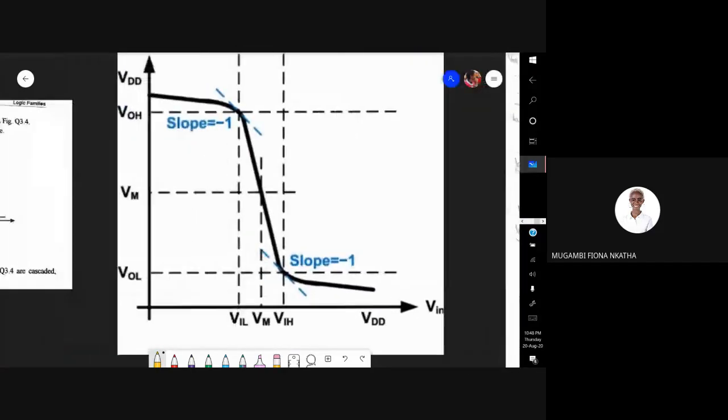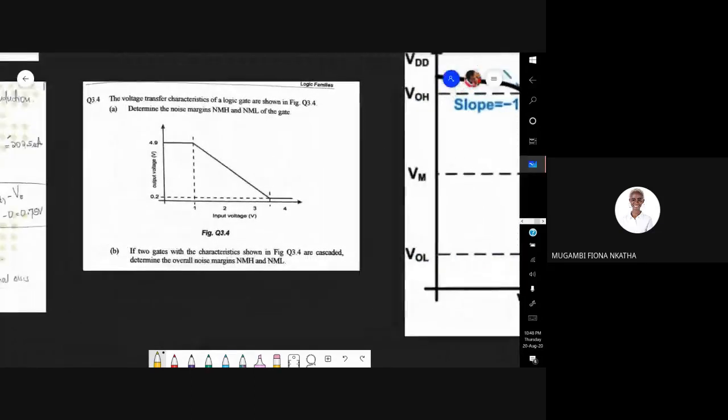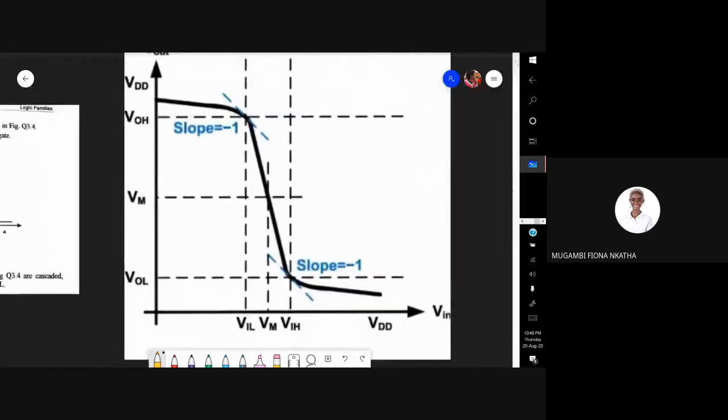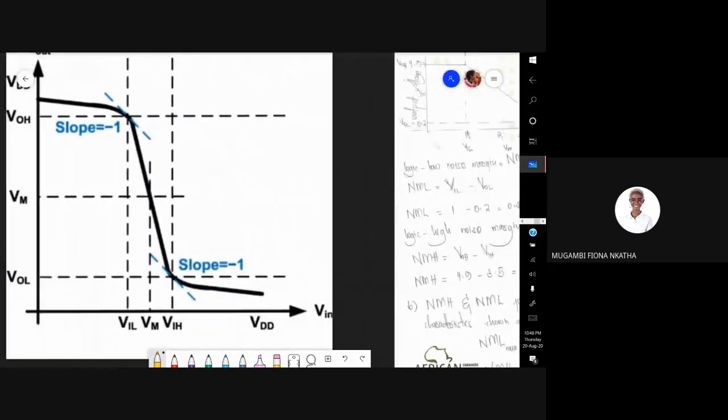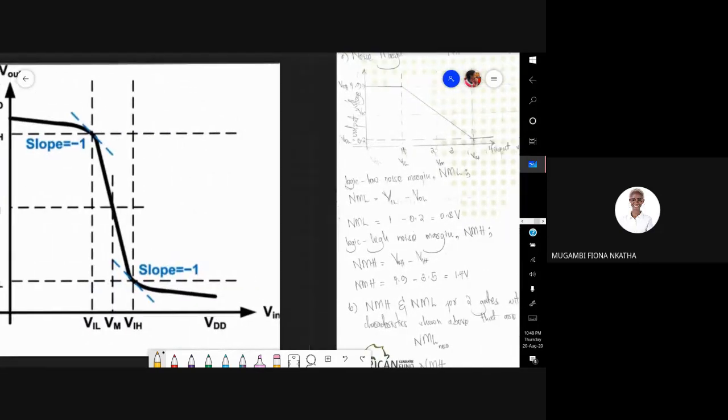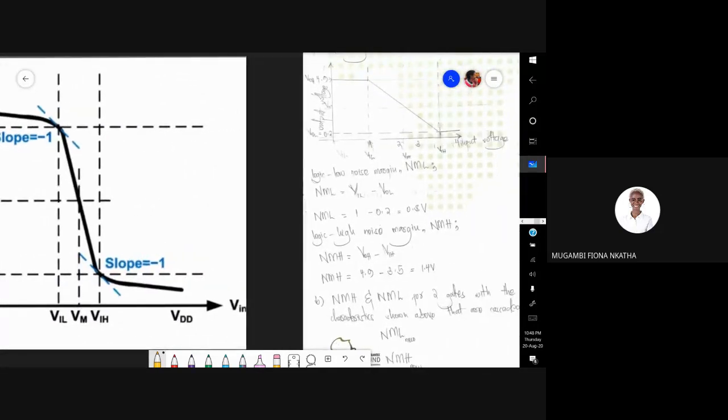The next question, we also need help. 3.4b: if two gates with the characteristics are cascaded, determine the overall noise margins. We made our own assumptions, but we only found VIH for the gate which is being cascaded, and we are not able to find the other.